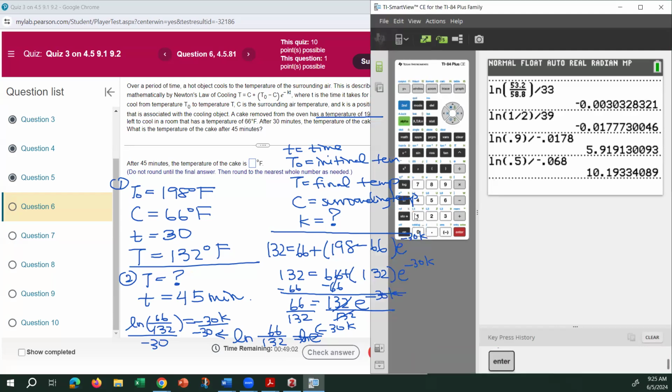So we have ln of 66 over 132 divided by negative 30.